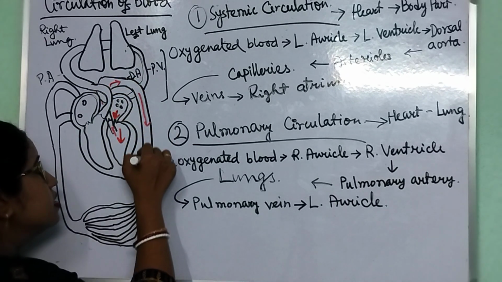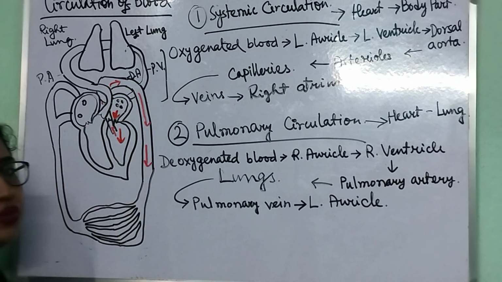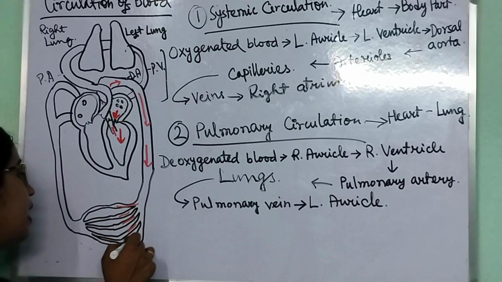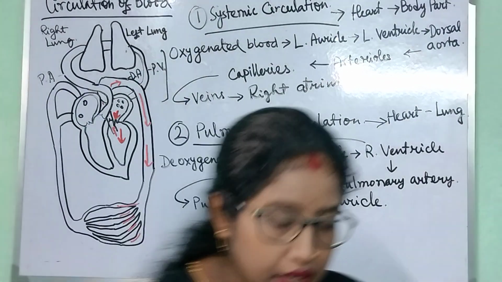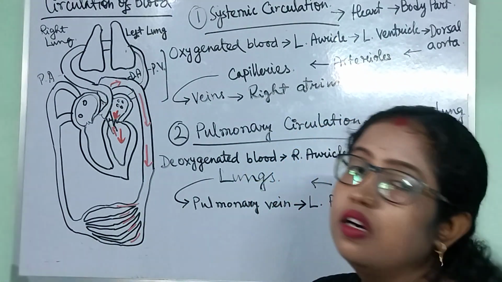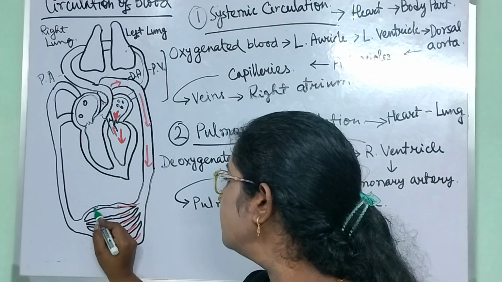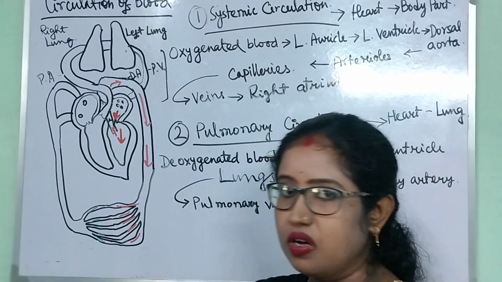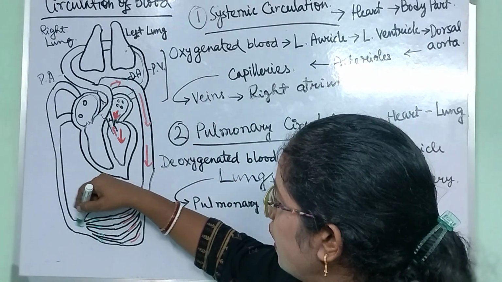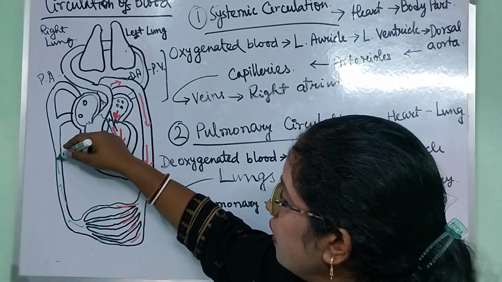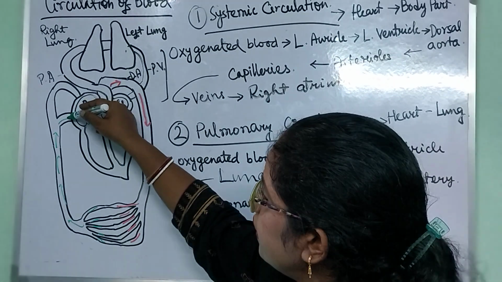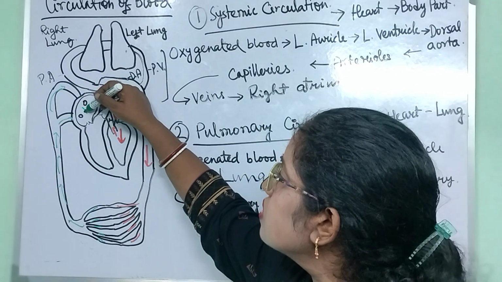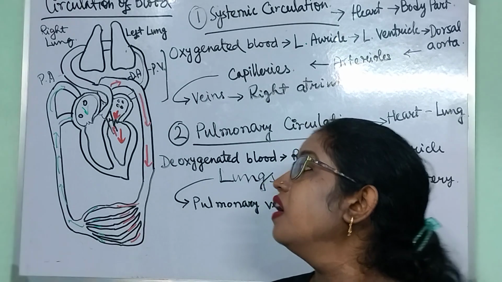Then the dorsal aorta carries this oxygenated blood, and it branches into many arterioles, then arterioles into capillaries, and in capillaries the diffusion process occurs. The capillaries take the carbon dioxide from the tissues, and the deoxygenated blood is then carried via the inferior vena cava and superior vena cava, and enters into the right auricle.